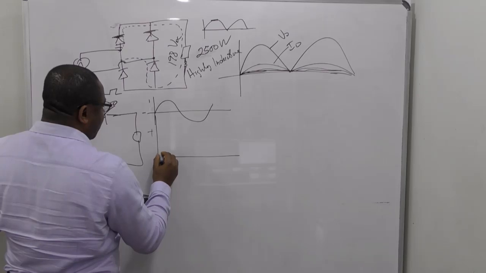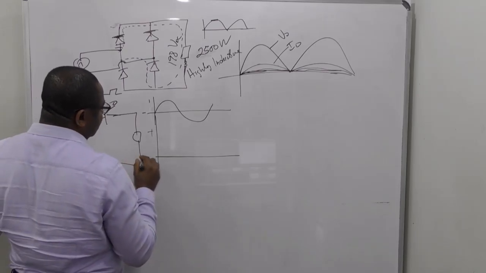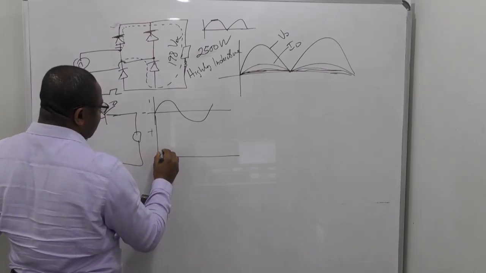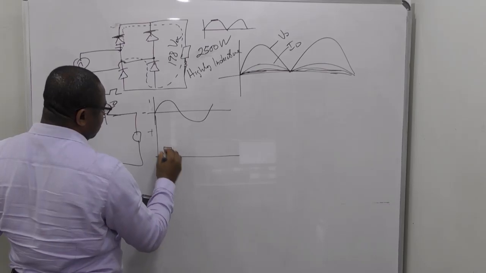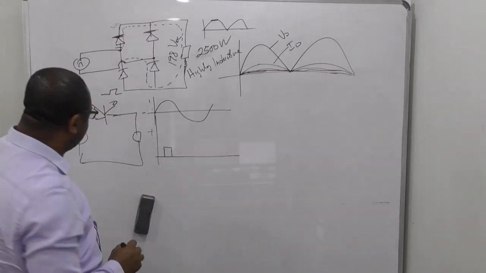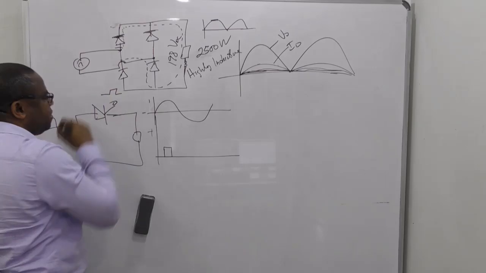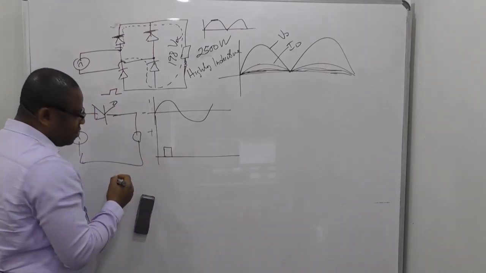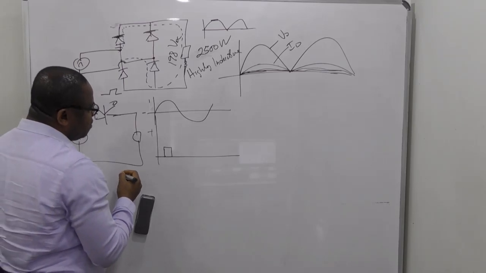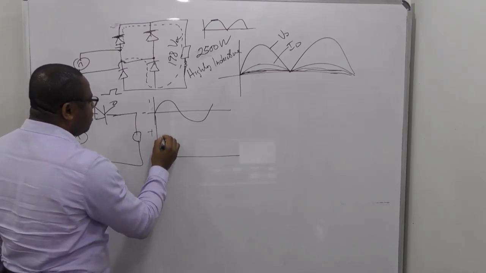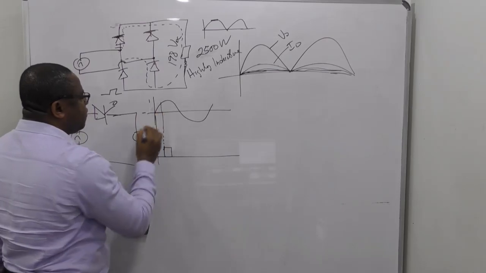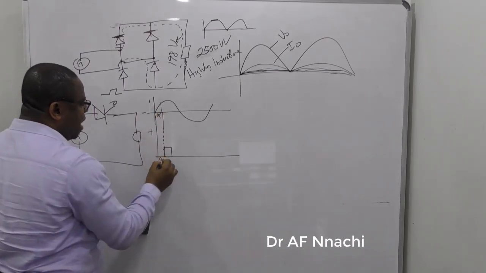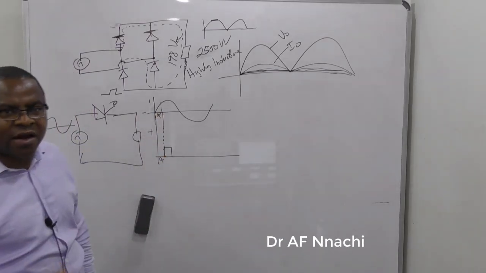Now, if I put a signal somewhere here, and I leave this particular time before the signal, it means it is going to take this amount of time. In angle, we call that the firing angle.